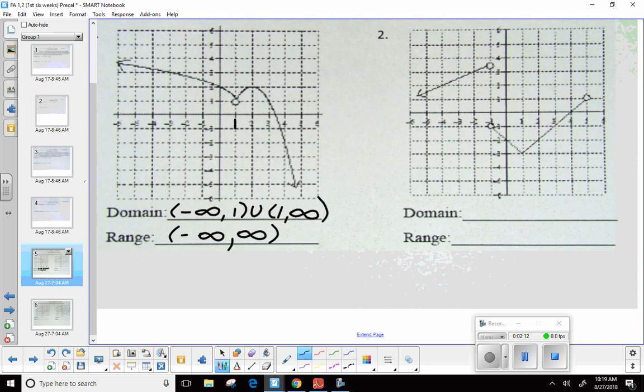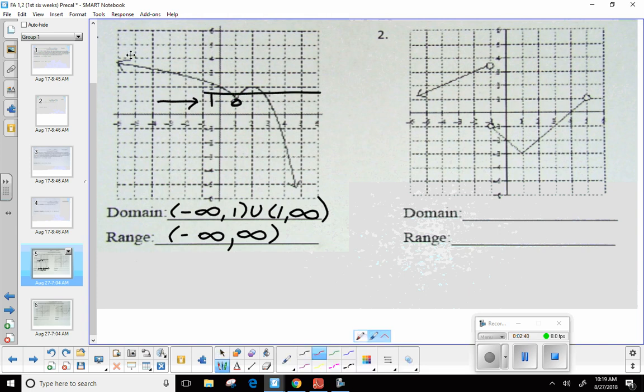Now, we already looked at the 1 horizontally for the x's. Well, what about this one right here for the y's because of this hole? Why aren't we writing it just like we did the domain? Because the hole is at 1, 1. The y value is 1, right? You see how because part of the graph is a parabola, we have that overlap vertically, like there's an overlap right here.